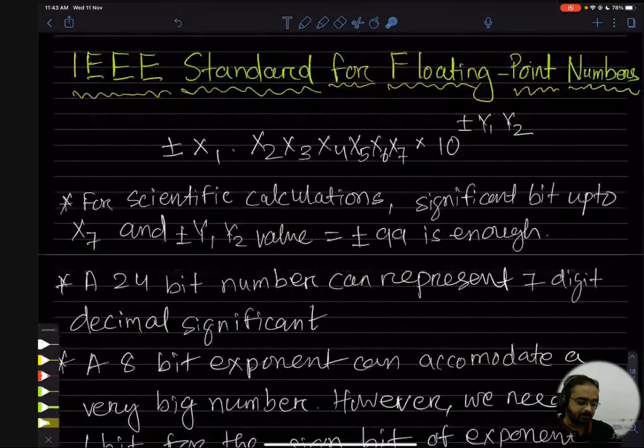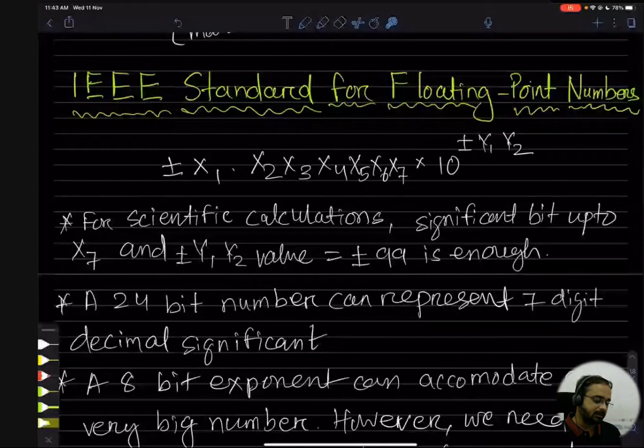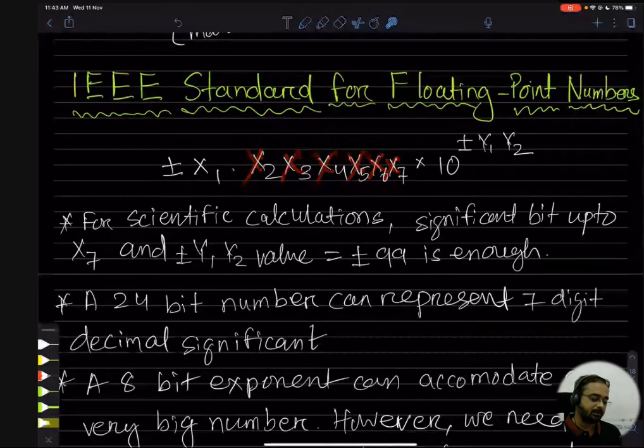Next we will start with the IEEE standard for floating point number representation. As I have told, there has to be a non-zero number here, x1, then a decimal point, and then some significant digits, like 1.234567.